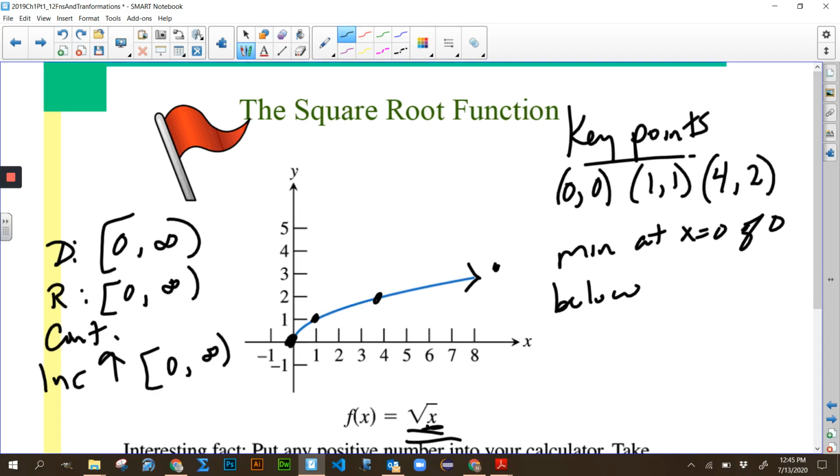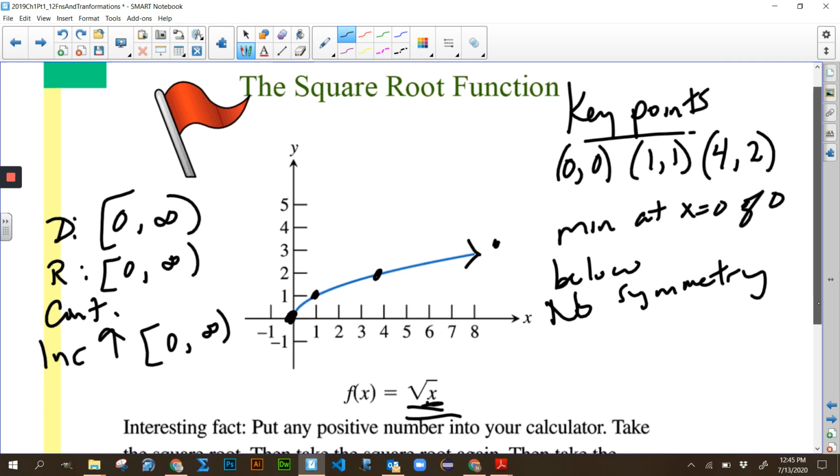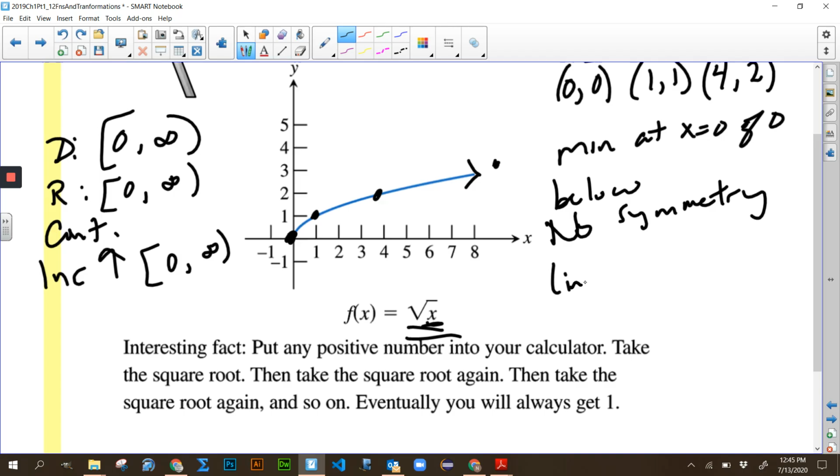Kind of doing these in a weird order. There is no symmetry. Remember, symmetry is either reflected over the y-axis for even or rotational symmetry of 180 degrees for odd. So there's no symmetry here. And we have end behavior. So the end behavior, the limit as x approaches infinity: as x gets larger, my y values are getting bigger and bigger and bigger.